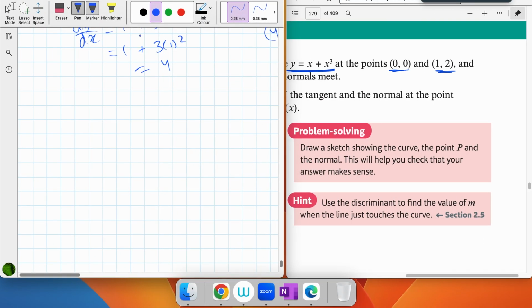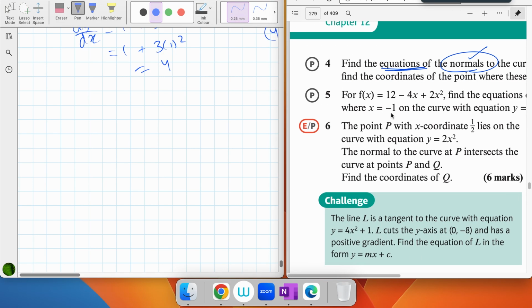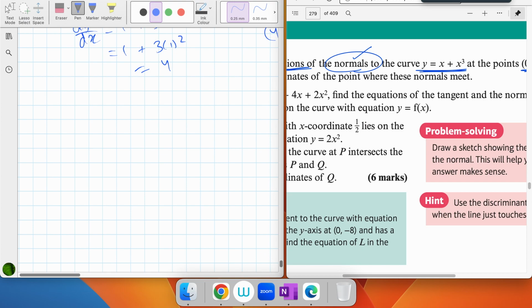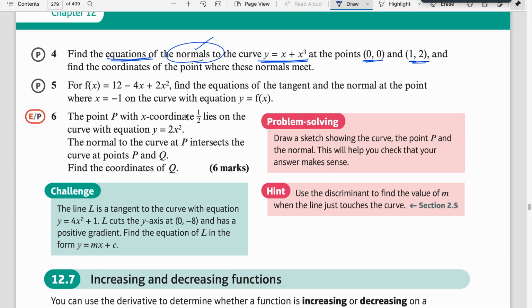Are we still missing something here? Now see, this wording keeps on changing. The structure is the same. Y is the equation. Dy by dx is the gradient of the tangent. m1 into m2 is equal to minus 1 for the normal.